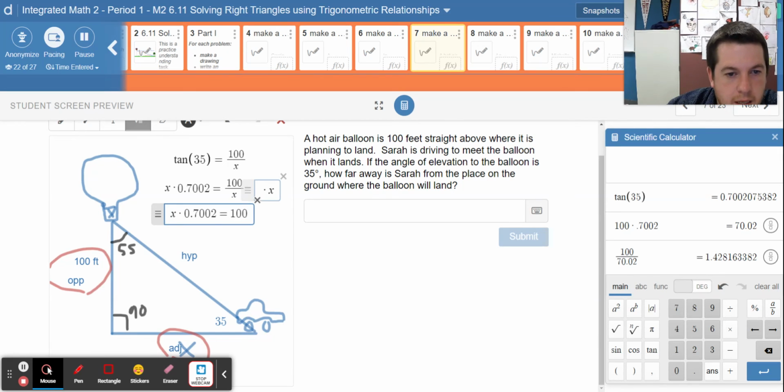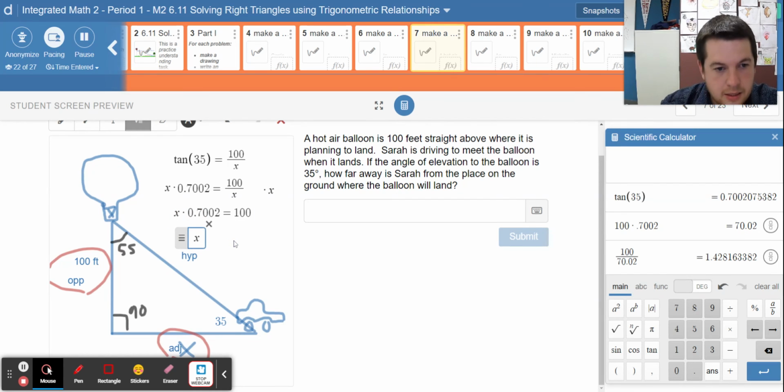And that's because 100 divided by x times x, those x's will cancel and we'll have this. Now to get x by itself, I need to divide by my ratio. So x is equal to 100 divided by 0.7002, and that will give me my length.